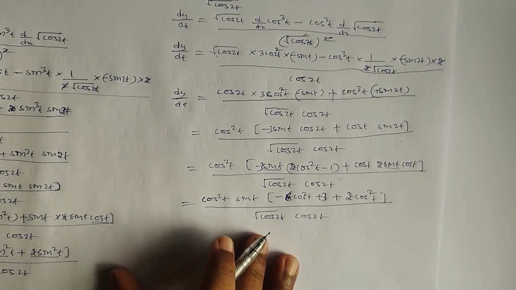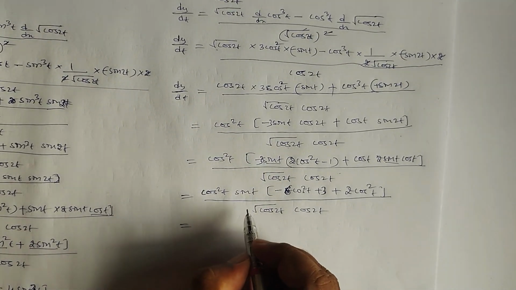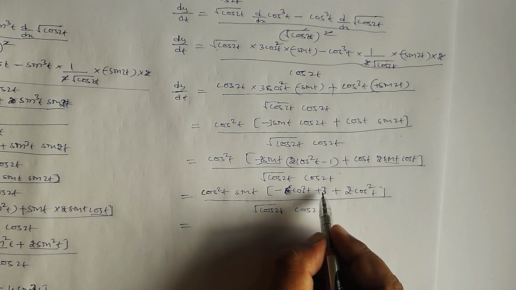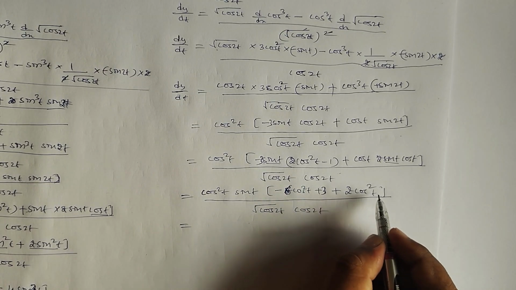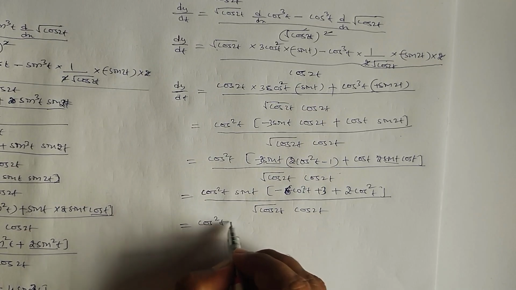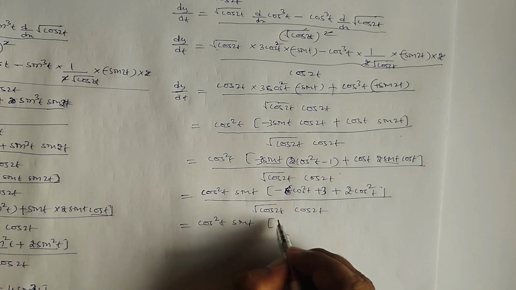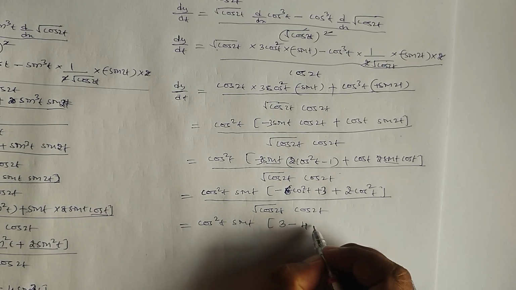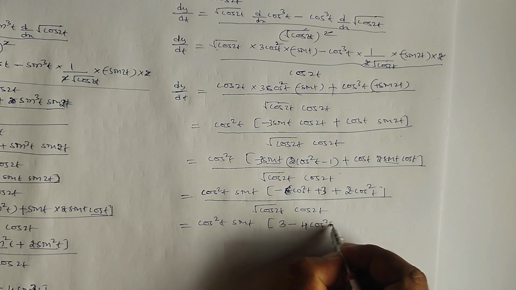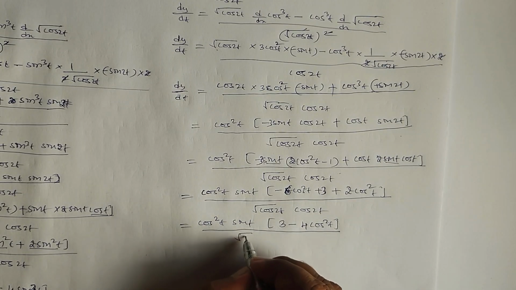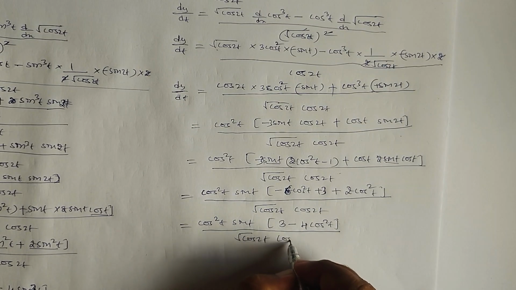So that is equal to minus 6 cos square t plus 3 plus 2 cos square t becomes, okay, right, cos square t into sin t, that becomes, okay, first write 3 minus 4 cos square t. Okay, divided by root cos 2t into cos 2t.